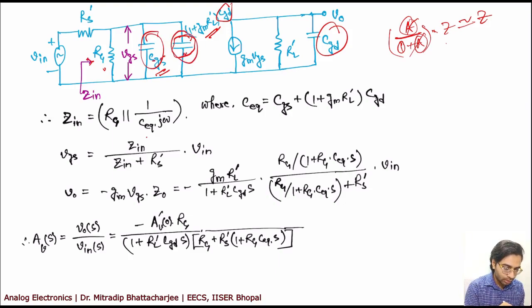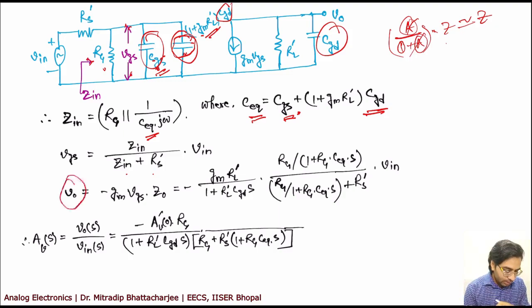We considered both of these, which are in parallel, as C equivalent, and C equivalent is CGS plus 1 plus GM RL dash into CGD. And what is your VGS? This value VGS will again be a voltage divider, Zin divided by Zin plus RS dash, into Vin, right?